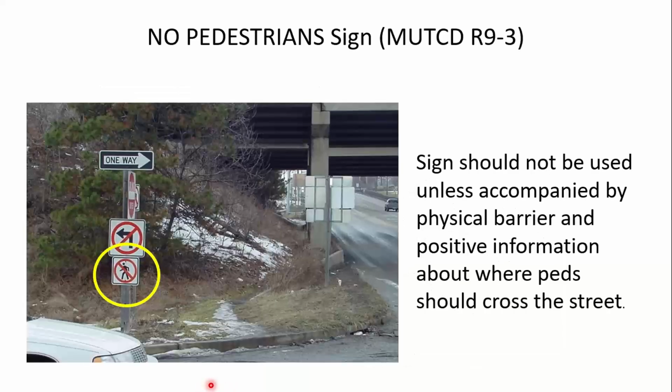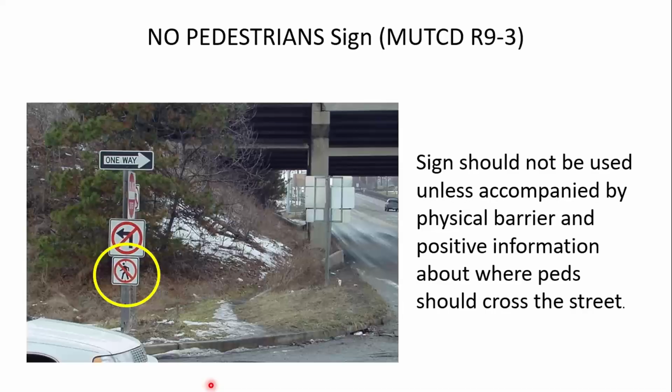I think I showed this photograph to you yesterday. It's the no pedestrian sign. It's in the MUTCD, so it is a valid traffic control device. But the problem with this sign is that the sign alone discriminates against the visually impaired because they cannot access the information on that sign.